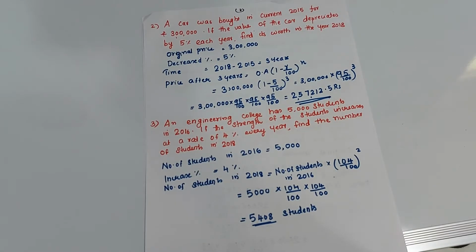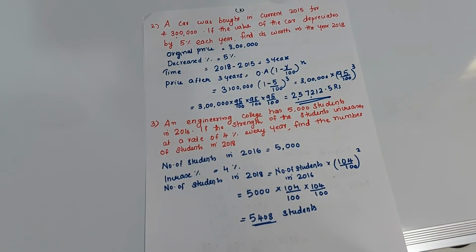So 2018 minus 2015, there are 3 years. So we have to find out the decreased amount after 3 years. So here the original price is 3 lakh, decrease percentage 5% every year, and the time period is 2018 minus 2015, which is equal to 3 years.